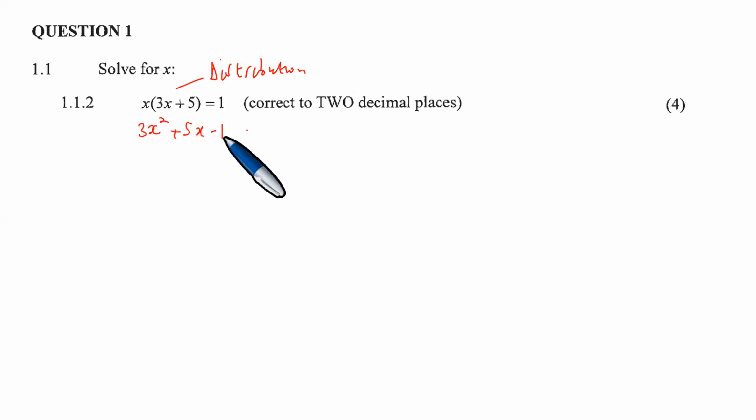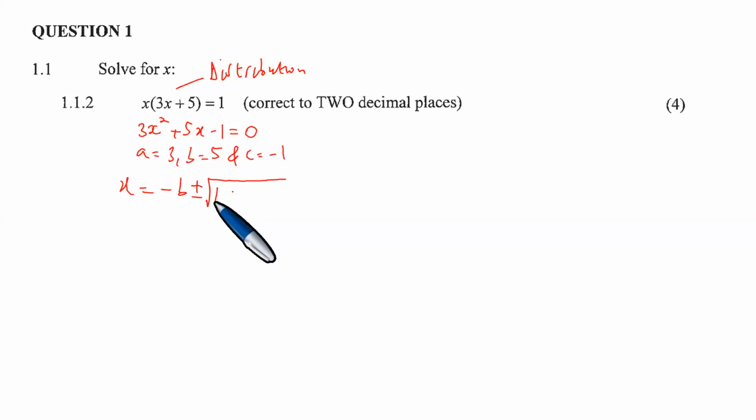We transpose the 1, which becomes negative, and the result is then 0. The quadratic formula from which we can see that a is 3, our b is exactly 5, and our c is minus 1. x equals minus b plus or minus the square root of b squared minus 4ac, out of 2a.